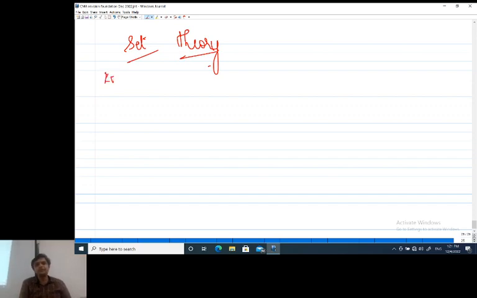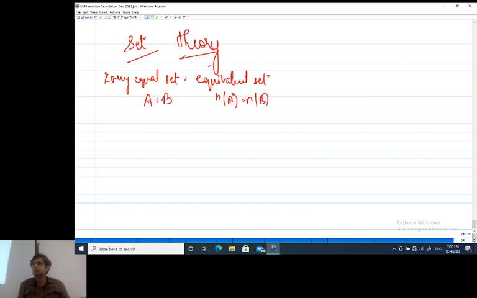Every equal set is also an equivalent set. Equivalent set means n of A is equal to n of B. Equal set means A equal to B. If A is equal to B, then n of A will also be equal to n of B, implied.